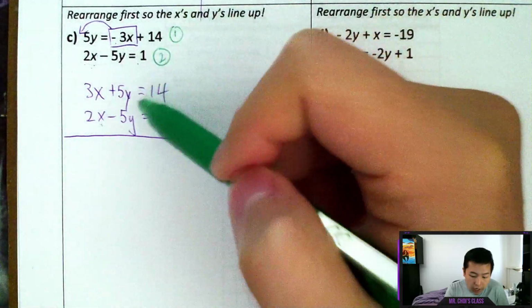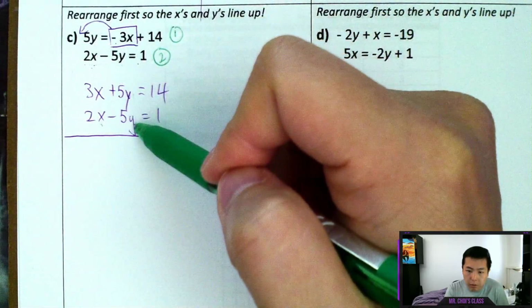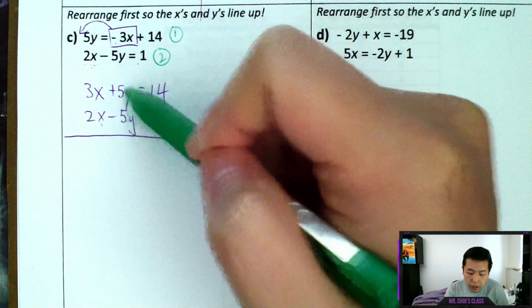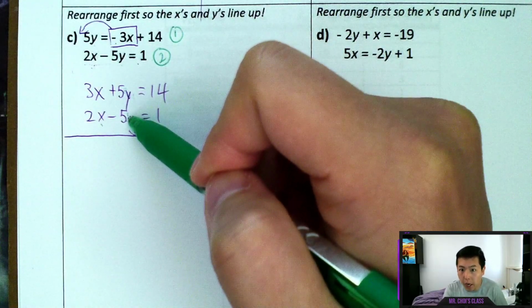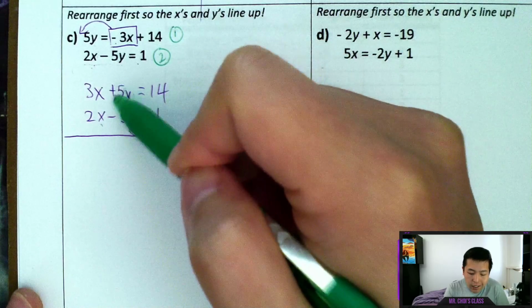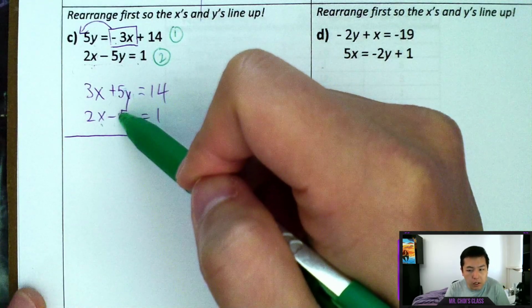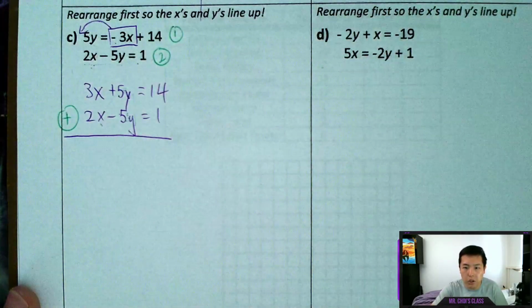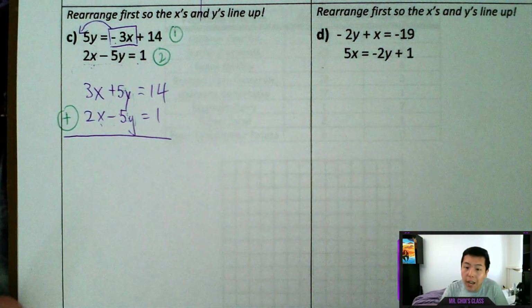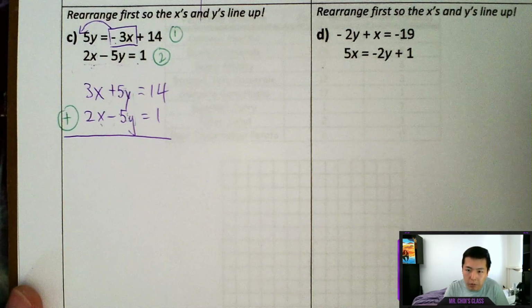I'm getting rid of y. Y is what we're getting rid of because the coefficient is the same. The number is 5. Since they match, we're getting rid of y. And the signs are different. Since the signs are different, we're going to add the two equations together. So we are adding the two equations together to get rid of y.